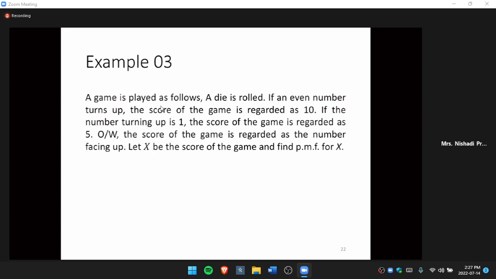Or simply, you have to find the probability mass function of the random variable x, if the random variable x is the score of the game. You have to identify the sample space and induced sample space separately, right? Okay, try to do that.